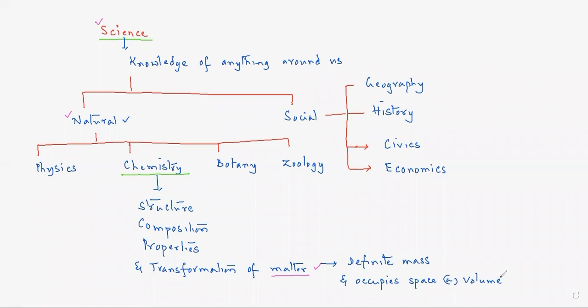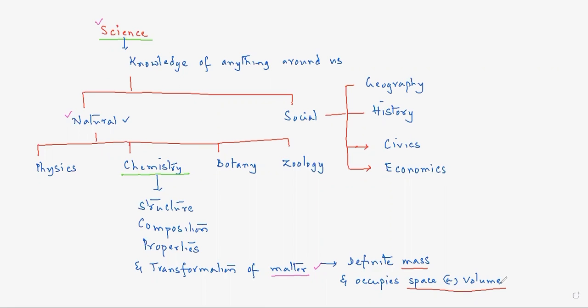What do you have in your hand? Just put it somewhere. It occupies some space. And of course, it has some weight. Suppose you have a tab or a mobile in your hand, definitely it will have some mass and some weight. Of course, it occupies some space or volume wherever you put it, right? So it is something which has got definite mass and which occupies some space or volume.